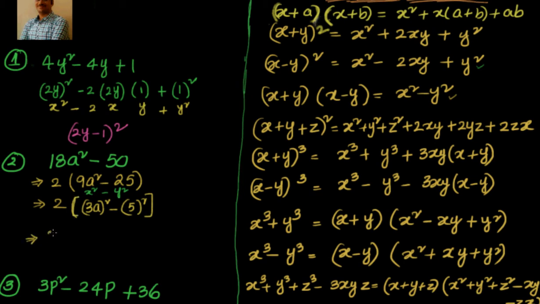We know the formula for x square minus y square, that is x plus y into x minus y. So I can write x plus y, that is 3a plus 5, into x minus y, that is 3a minus 5.